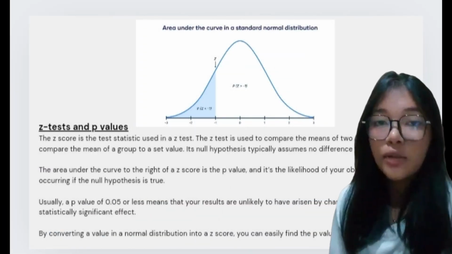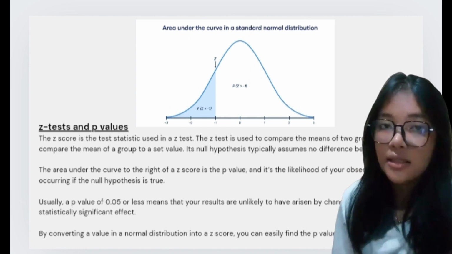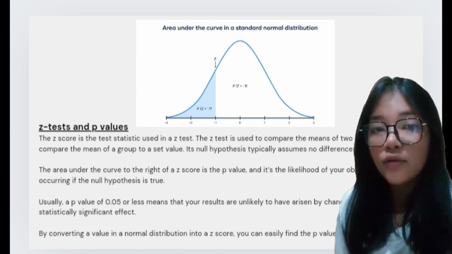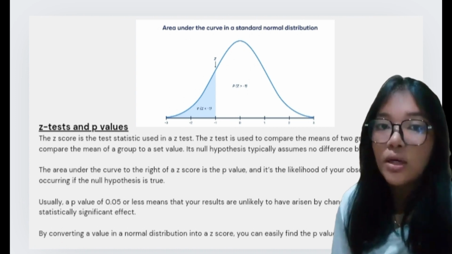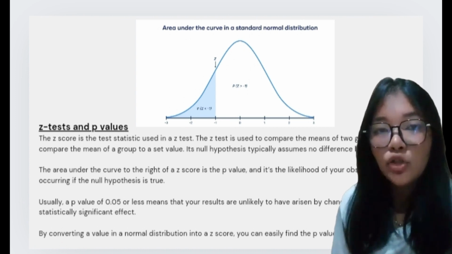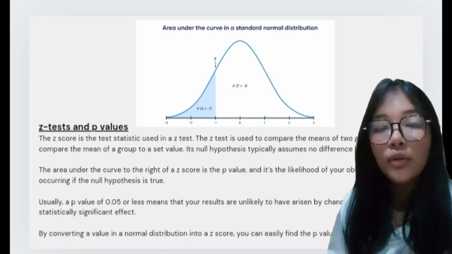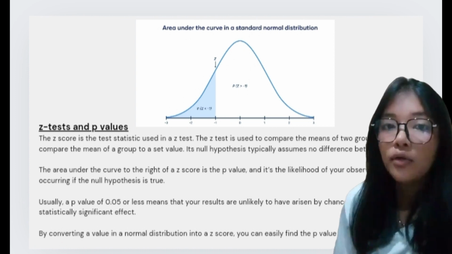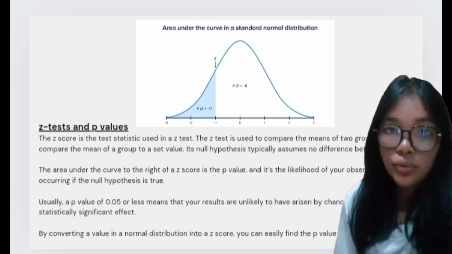So let's proceed into z-test and p-values. The z-score is the test statistic used in a z-test. The z-test is used to compare the means of two groups or to compare the mean of a group to a set value. Its null hypothesis typically assumes no difference between groups. The area under the curve to the right of a z-score is the p-value, and it's the likelihood of your observation occurring if the null hypothesis is true.